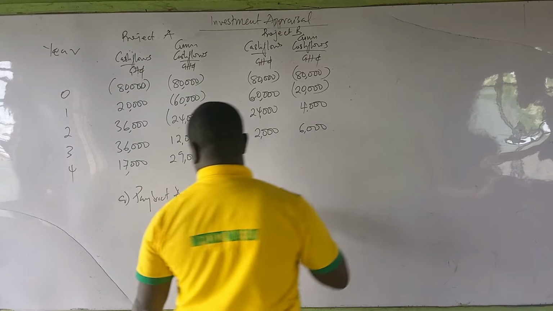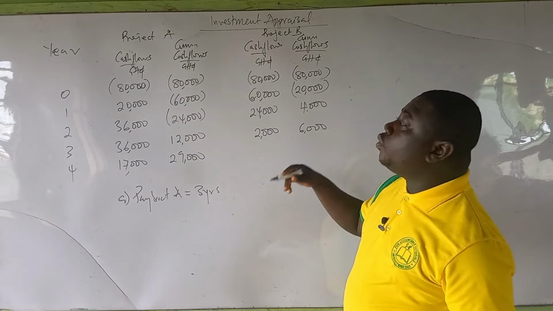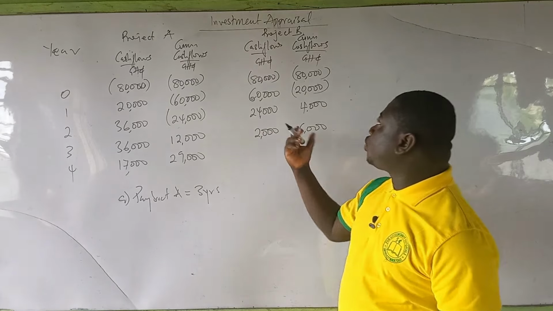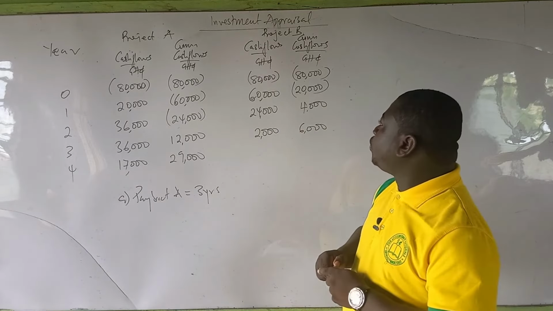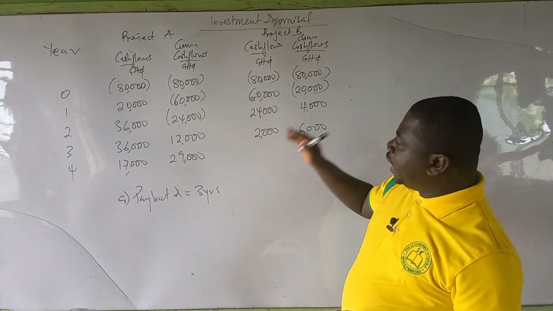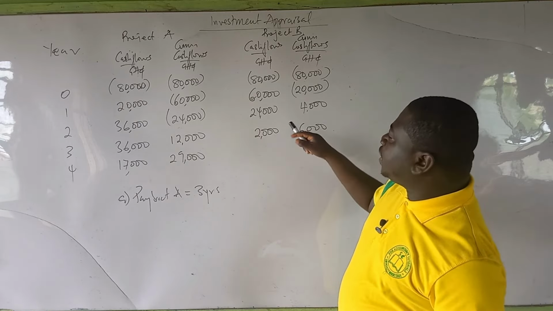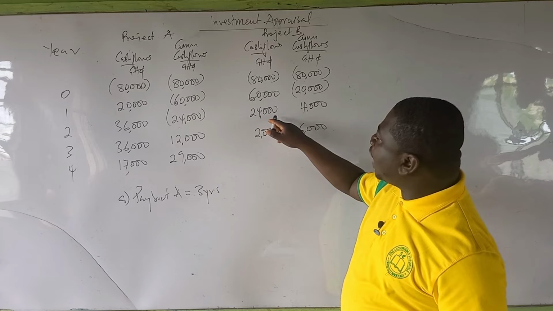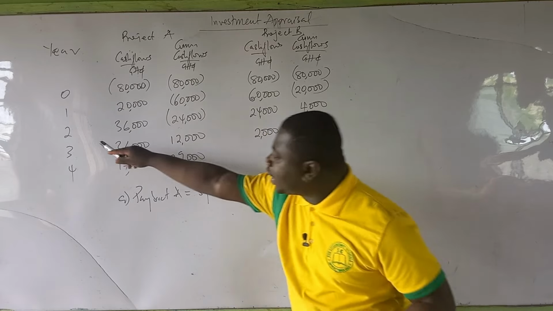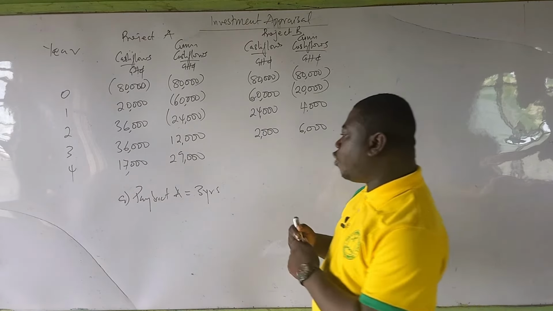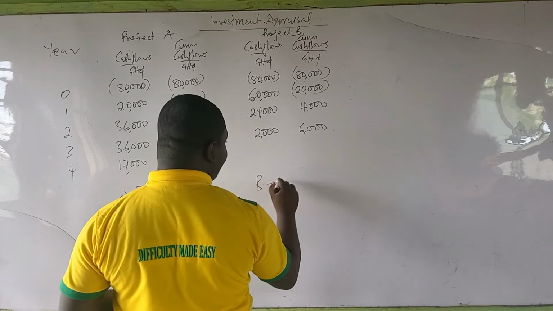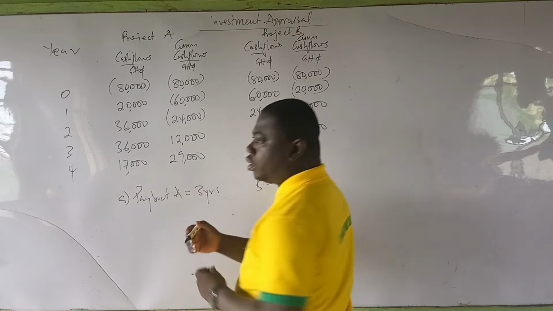Then let's look at the first assumption also for project B. Now, for project B, if we are assuming the cash flows only occur at the end of the year, then it means that this project was recovered at the end of the second year, because at the end of the second year, we were able to pay it all off. So it means that project B's payback period is 2 years.